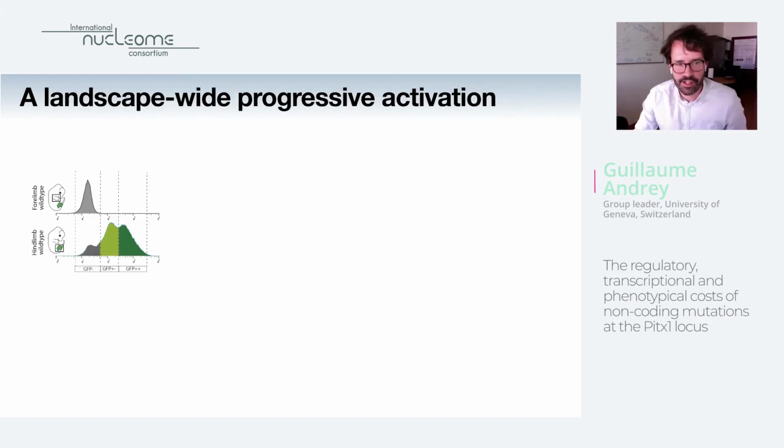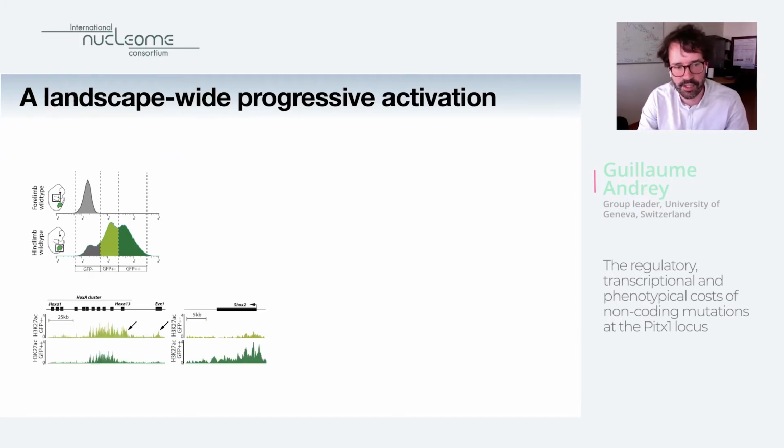Then we moved a bit further, and we saw that when we produce our FACS profile, there were actually two categories of active cells. One is here with this first little hill of GFP cells, which are mildly expressing the GFP, and the ones here that are strongly expressing the GFP.